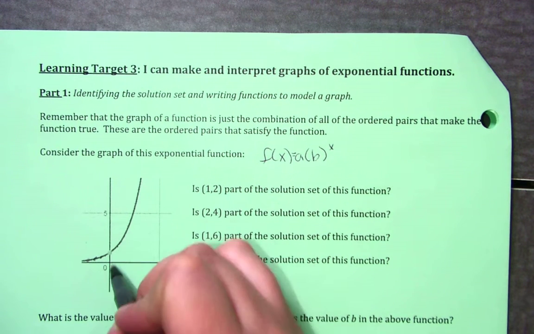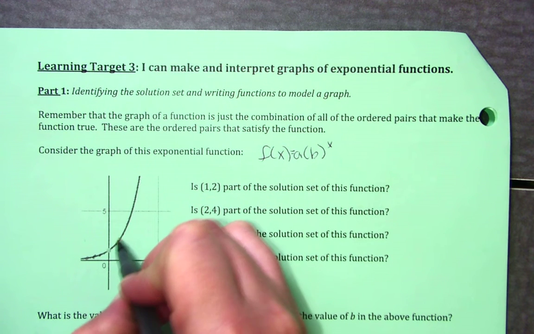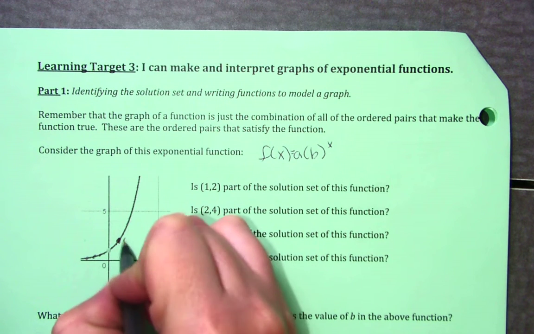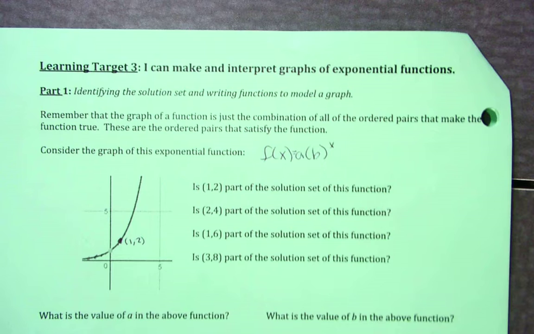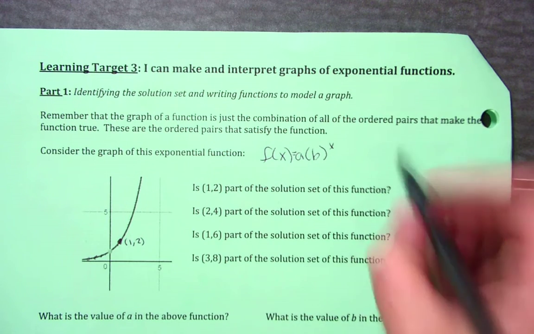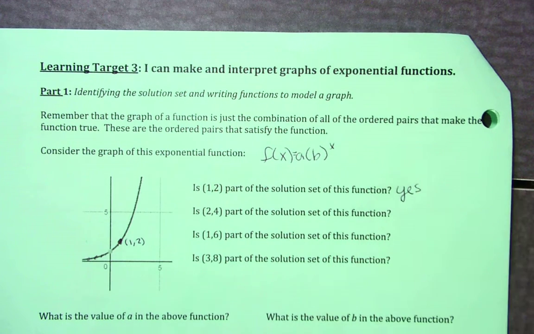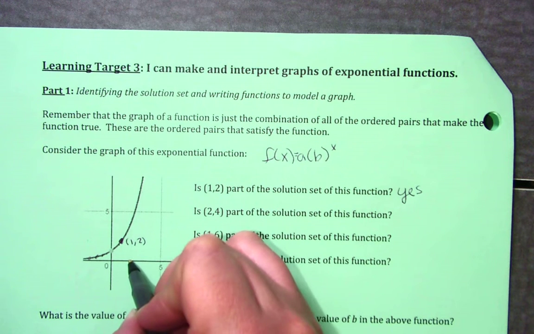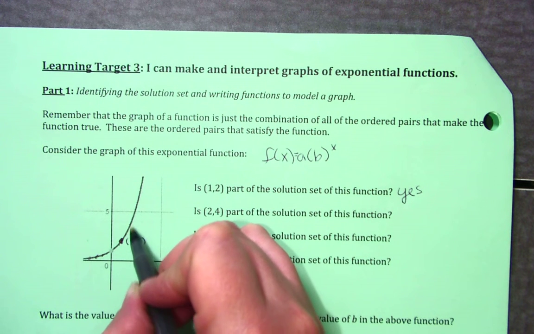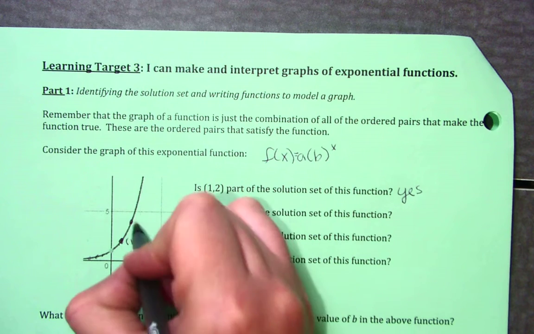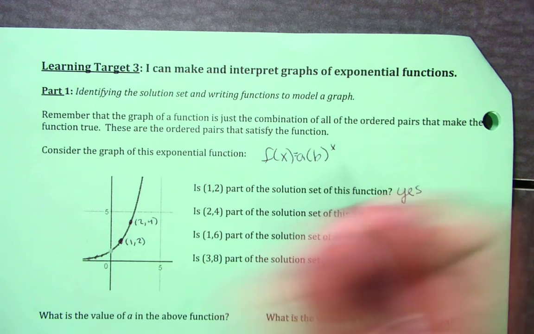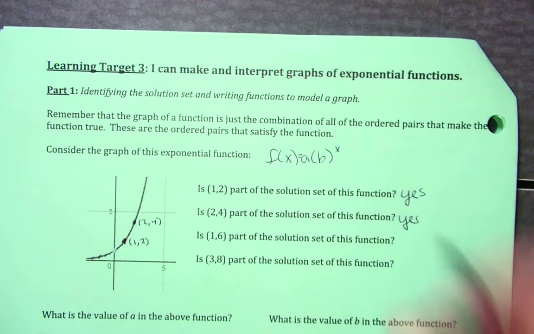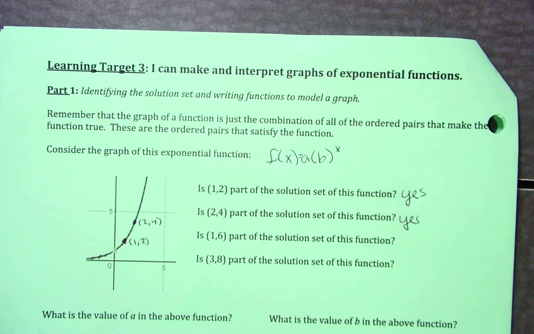So let's look. The point (1, 2) is on the graph, which means that it is a part of the function solution set. If we look at the point (2, 4), that's 1, 2, 1, 2, 3, 4, also on the graph, which means that is also part of the solution set.